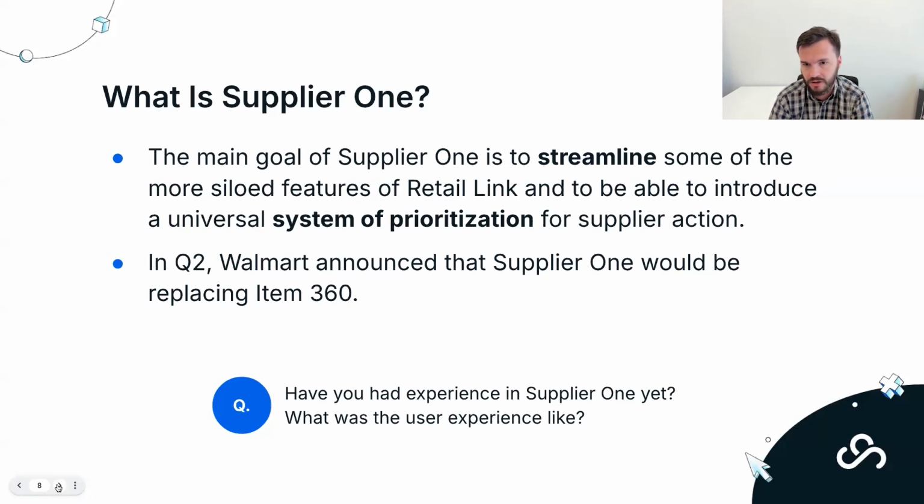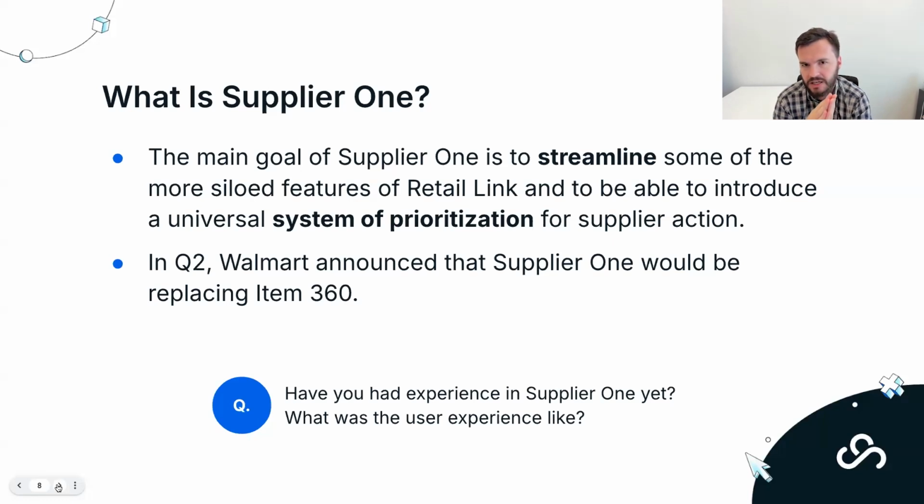If you're only here to talk about item setup and you've just been shunted into Supplier One, then you may not be as familiar with the Supplier One dashboard, but that is an asset that you can use as well. It is a little bit of a distillation where Walmart is saying, okay, here's your supplier health in terms of item setup, in terms of POs and whatnot. Here are the things that we want you to prioritize.